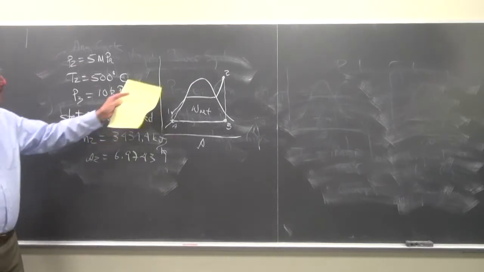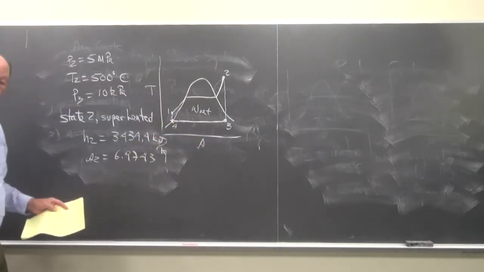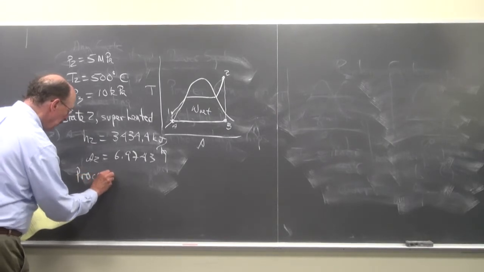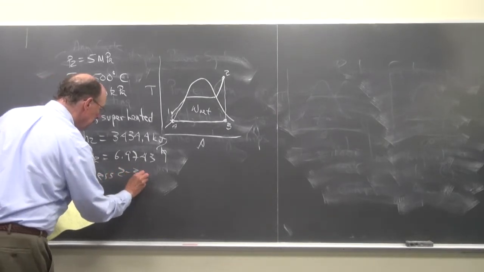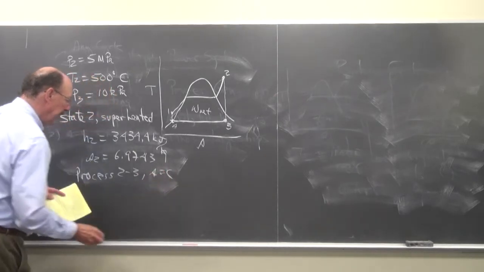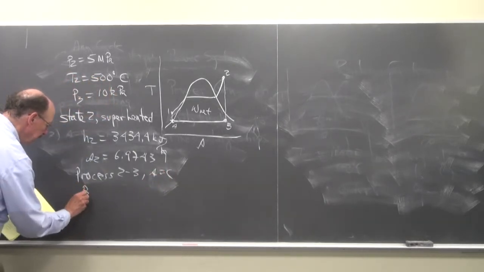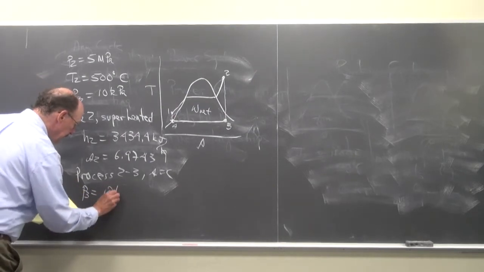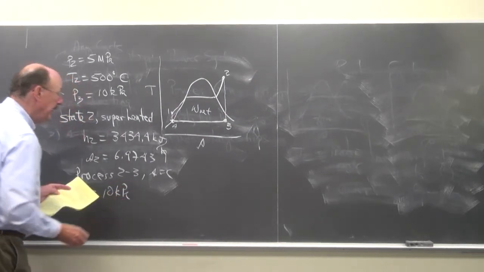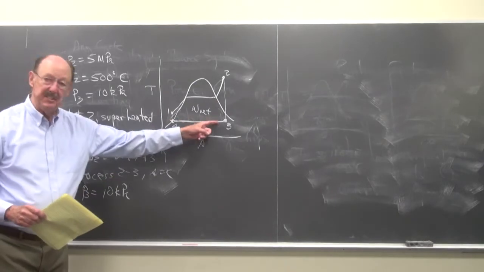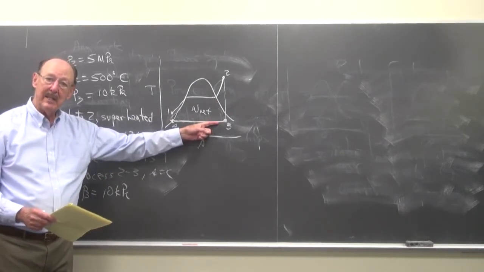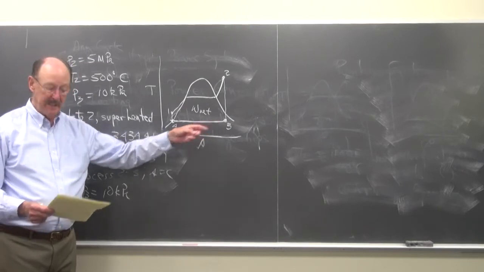Now we look at the process from 2 to 3, which is S equals C. I know that P3 is equal to 10 kPa, and in this case this is in the mixture region. Often it is in the mixture region. So you'll have to find the quality, and then knowing the quality, find the enthalpy.